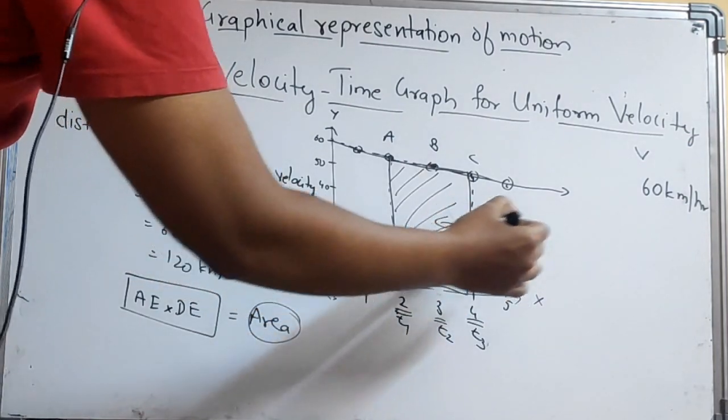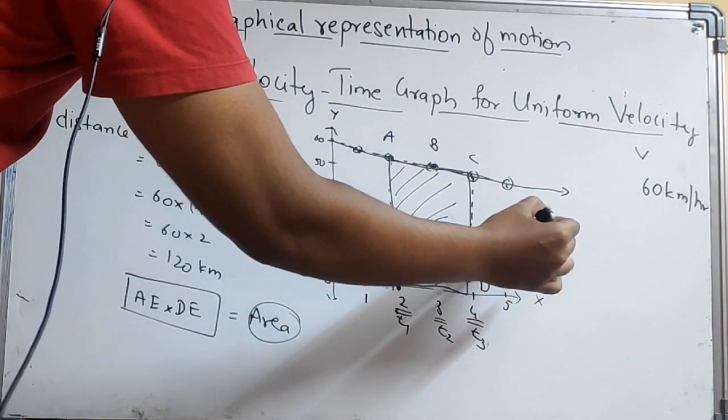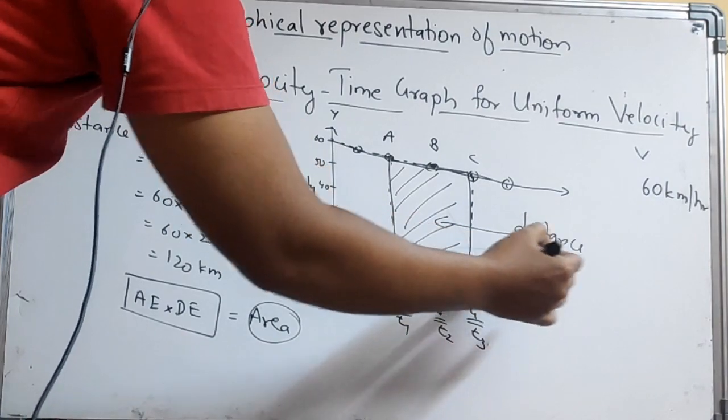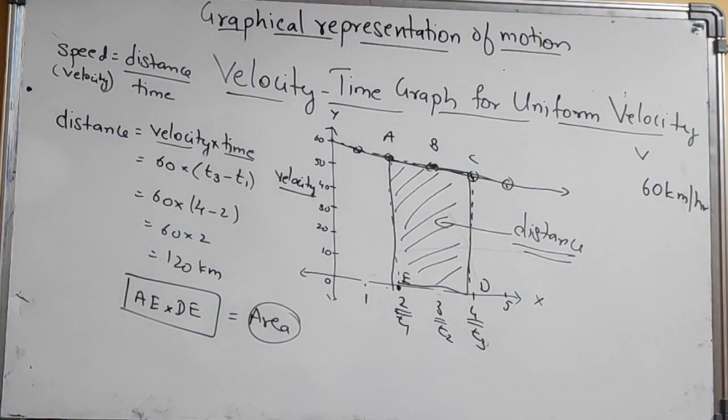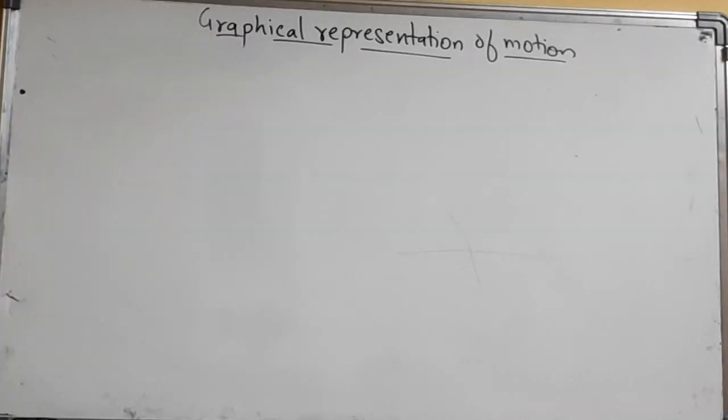This area will give you the distance covered. I hope this point is clear. So students, you have understood the velocity time graph for uniform velocity.